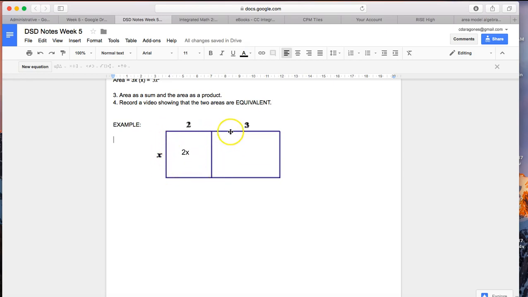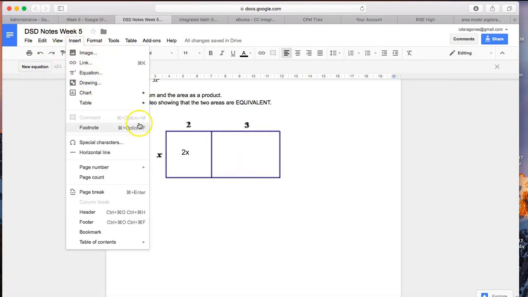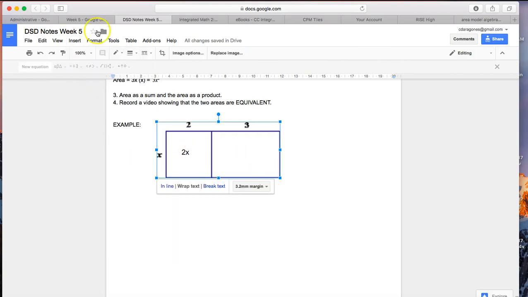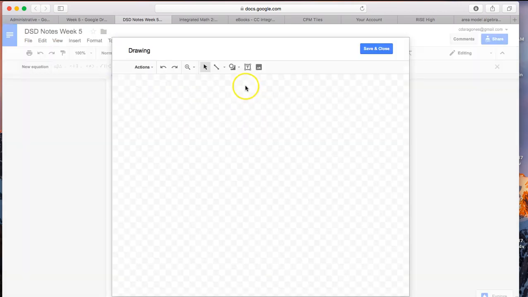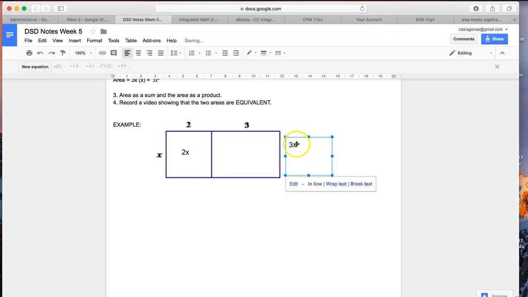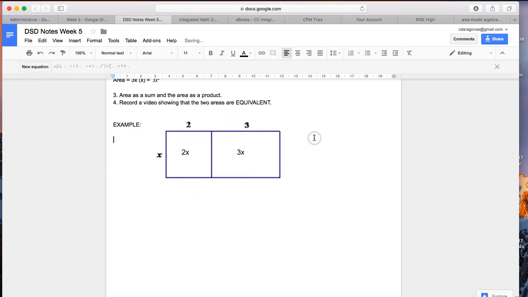And then the width of this rectangle is 3, so the area of this is 3 times x, which is 3x. So I'm going to go ahead and put that in my rectangle. So 3x. Okay, so that's your first step. Just sketch this into your notebook and then fill in the missing information.